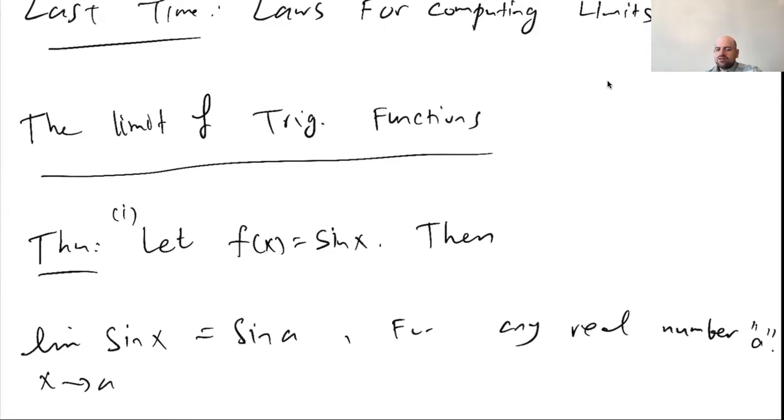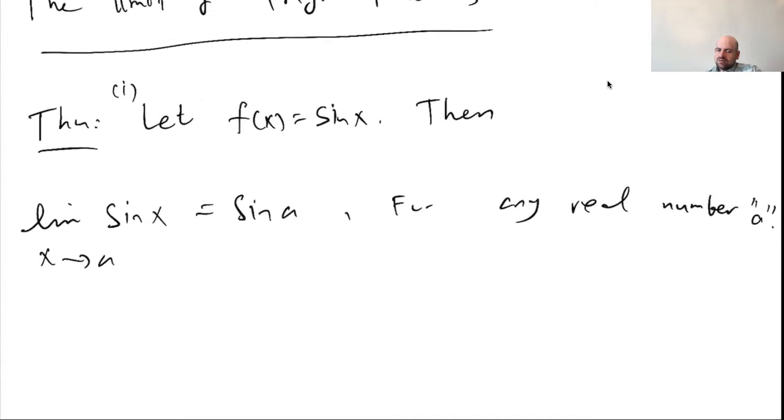The sine function is a very nice function, in the sense that, similar to polynomials, when you want to calculate the limit, you can simply replace x with the number. To calculate the limit at a, you can just replace x with a. Similarly for the cosine function, the limit of cos x as x approaches a is equal to cos a.